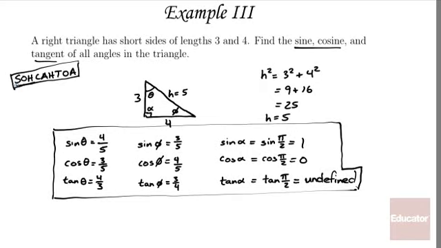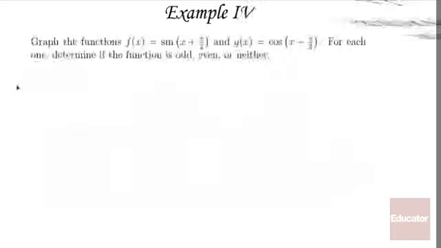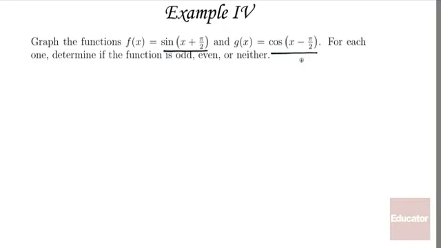So we'll try some more examples here. I want to try graphing the function sine of x plus pi over 2 and cosine of x minus pi over 2. And then I want to determine whether these functions are odd or even or neither one.